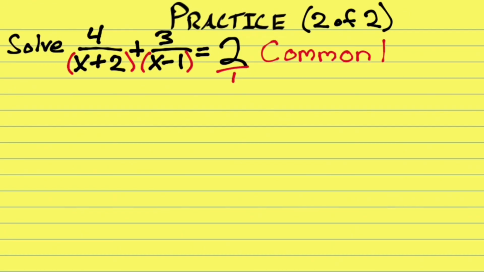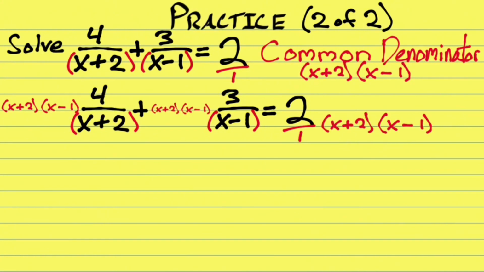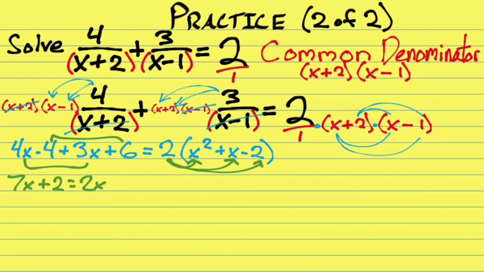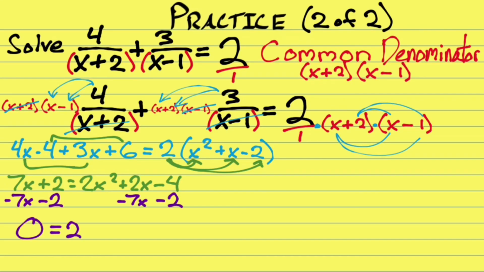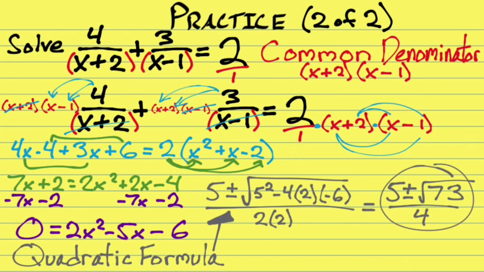You would start by recognizing that the 2 has a denominator of 1, and that's not going to really affect your common denominator. So the only unique denominators you have in this problem are x plus 2 and x minus 1. When you multiply both sides by that common denominator and cancel things out, you will then use the distributive property, a little bit of factoring, and what makes this one a little extra tricky is that the quadratic formula is needed since your answer is not going to be a rational, friendly whole number.